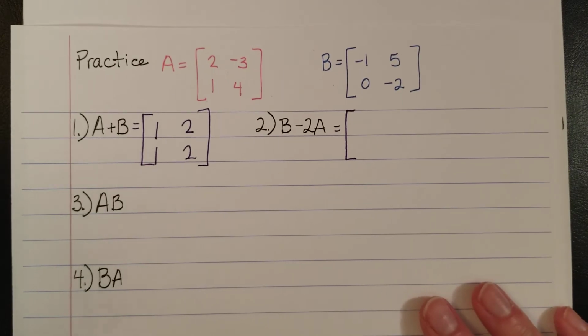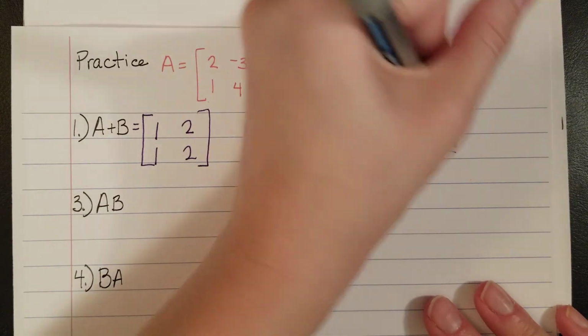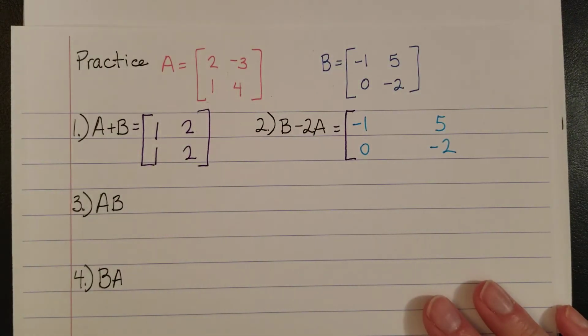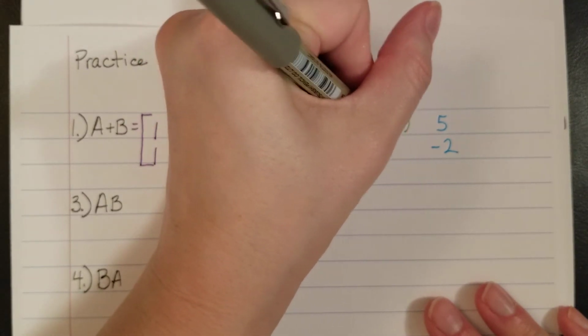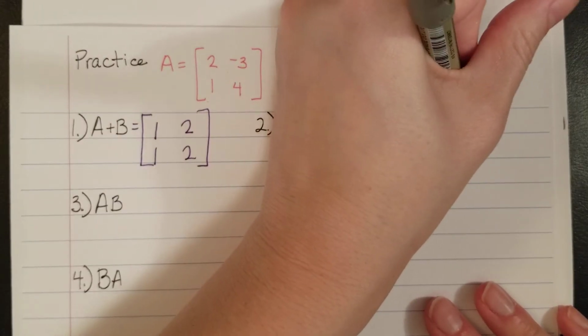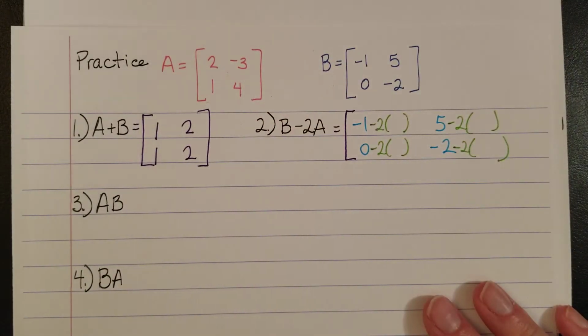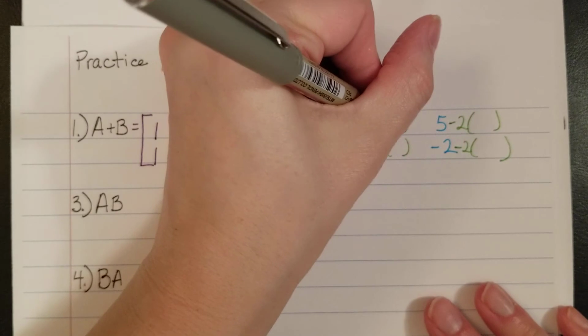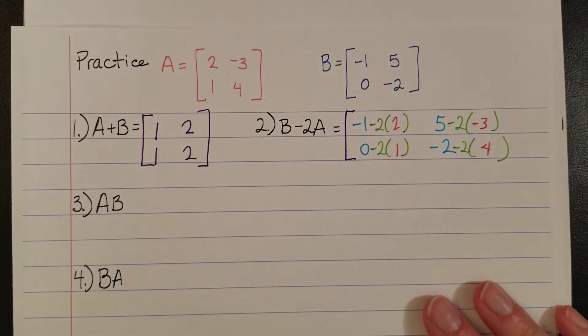Let's see, B minus 2A. I'll go ahead and write this one out. So there's my B's, minus 2 times my A's, which is 2, 1, negative 3, 4.